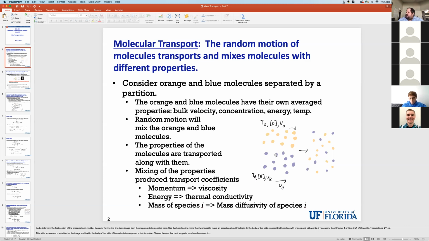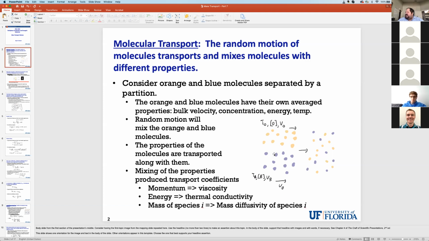If you keep track of the mixing of the different velocities of the blue molecules and the orange molecules, you can derive a basic theory to predict very accurately, for dilute gases, the viscosity.